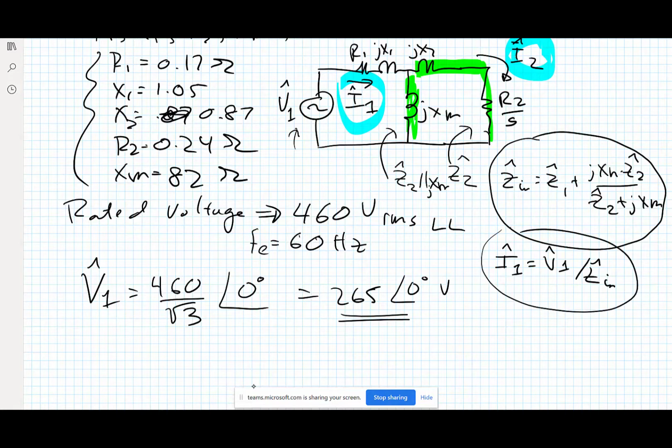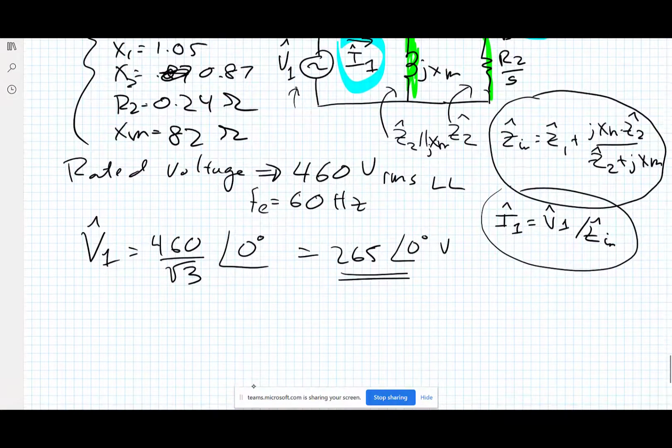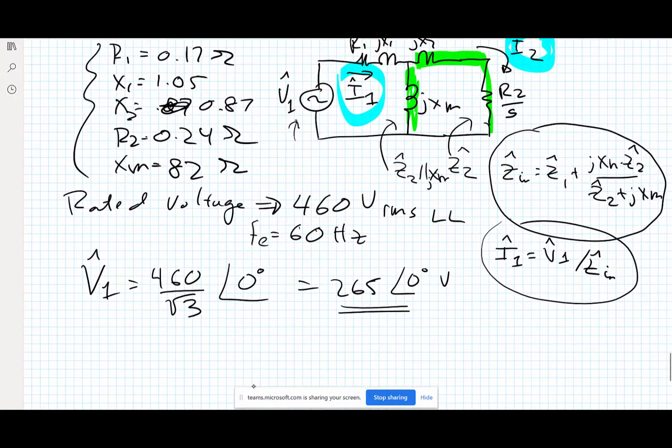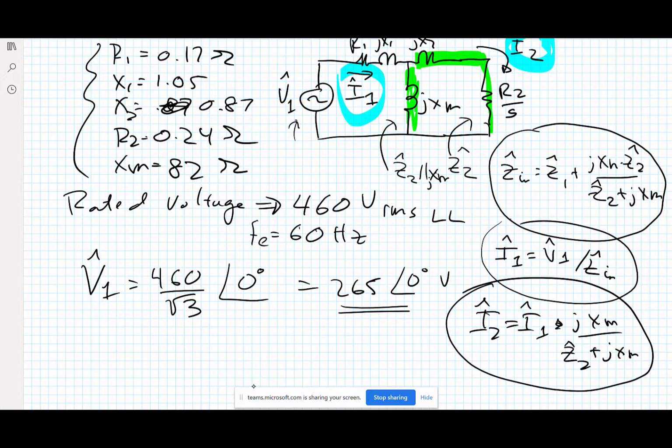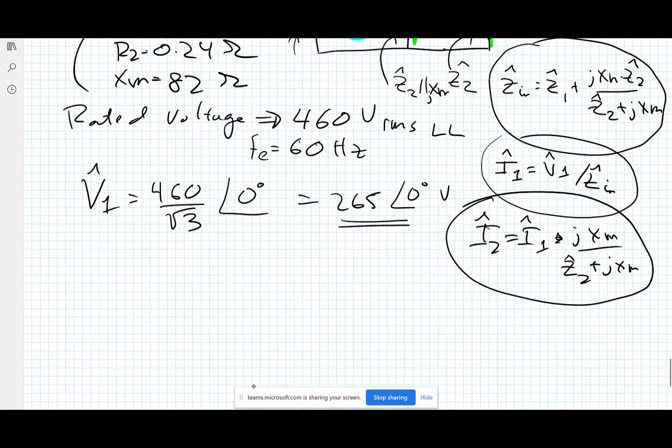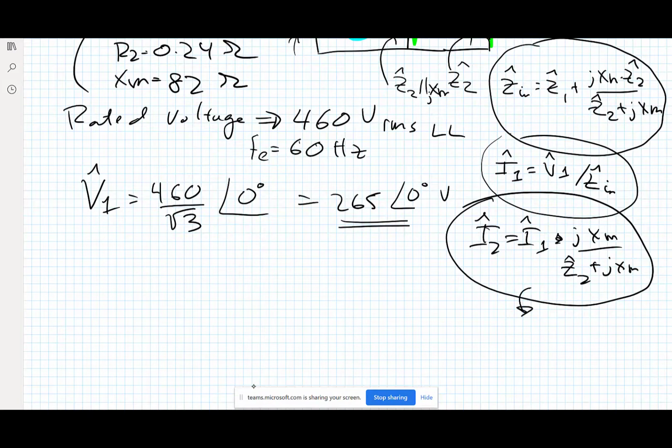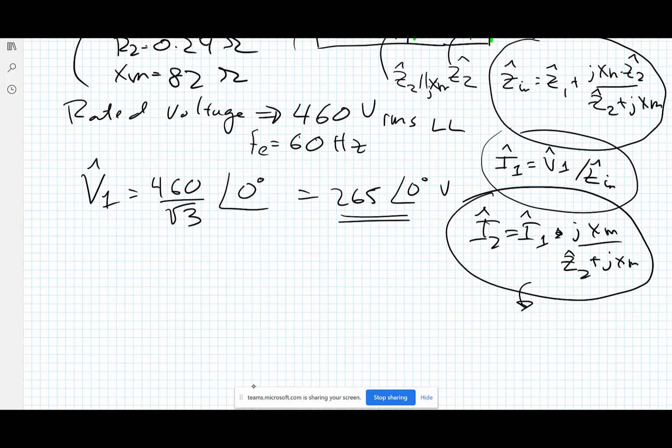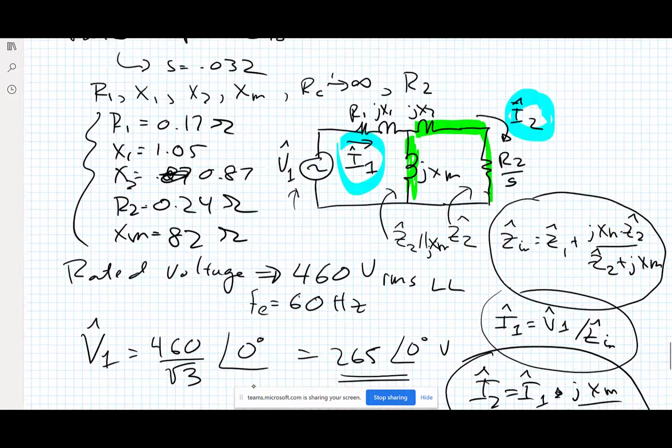Now that I have that, I need to find I2. I have to do a current divider. So I2 would be I1 times jXM over Z2 plus jXM. Then I can find the rated torque.